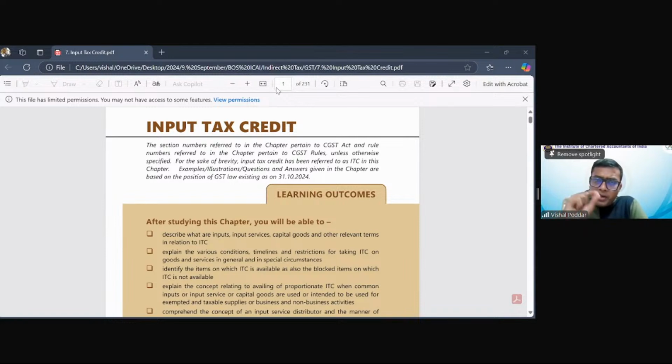So purchase is 500, input GST by whatever name it is, C, S, I, 50, and credit is my creditor, which is 550. So in my books, this input tax is appearing as a debit balance. It is an asset, always my debit balance carried in the balance sheet on the asset side.